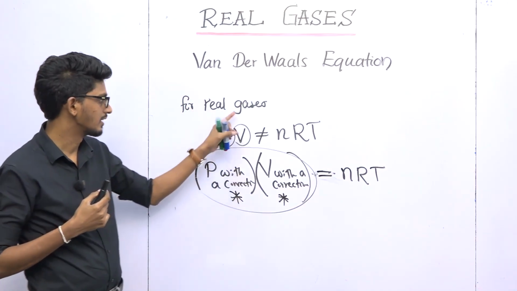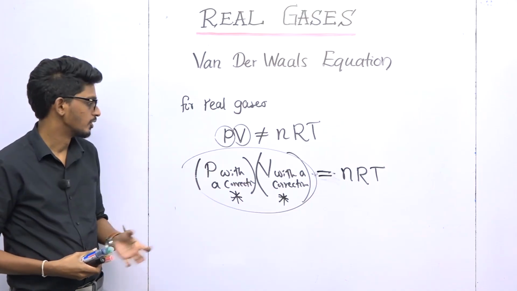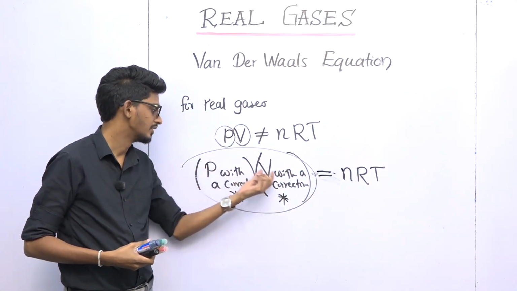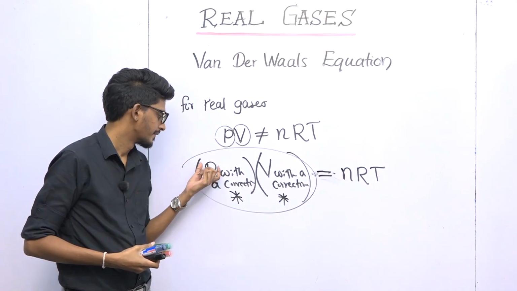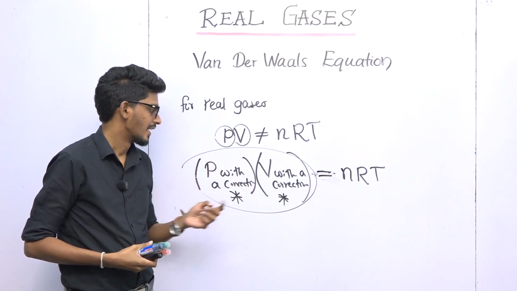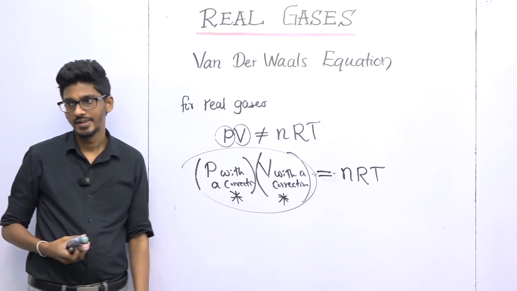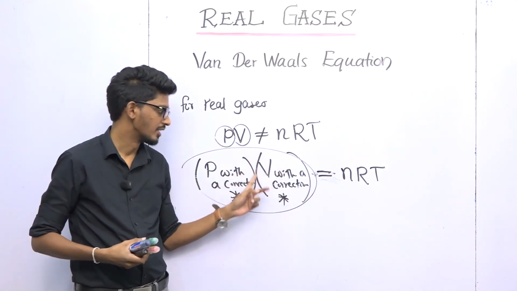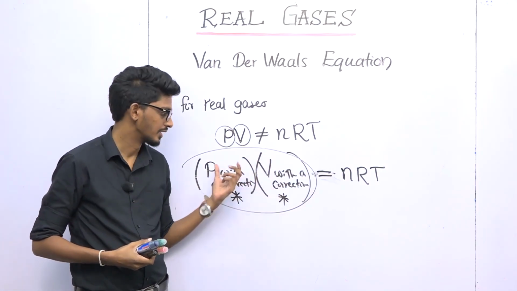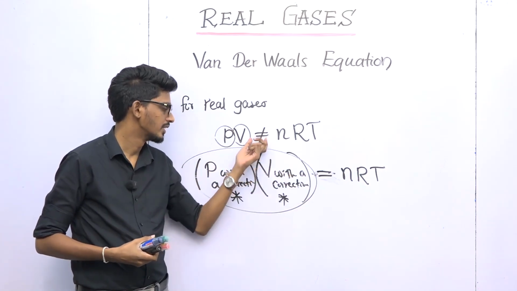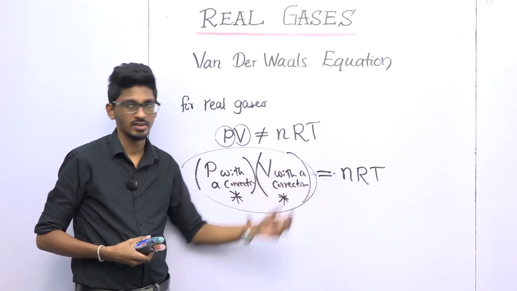As this is not equal to nRT, we are going to make some changes, some corrections, to the observed value of pressure as well as to the observed value of volume. Then we would be able to equalize that multiplication to nRT.